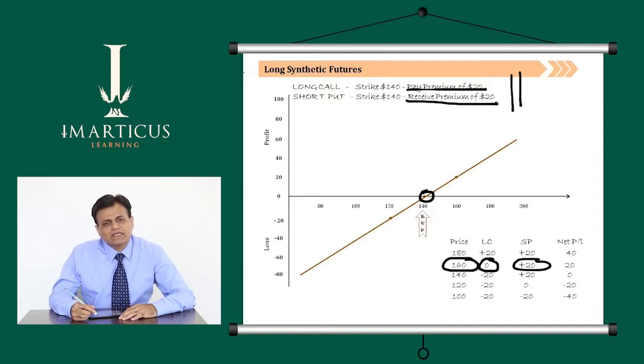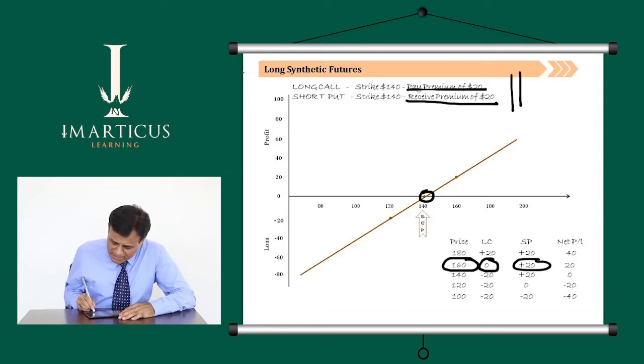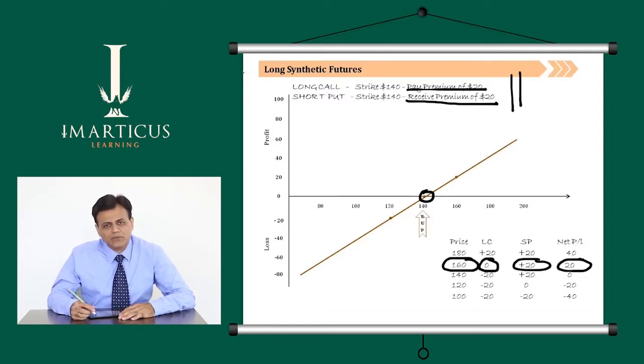The short put will give us a profit of $20 because the buyer of the put will not exercise the option, hence we get to keep the $20 premium that we received when we went short on the put. This means that the net profit in this case would be $20.